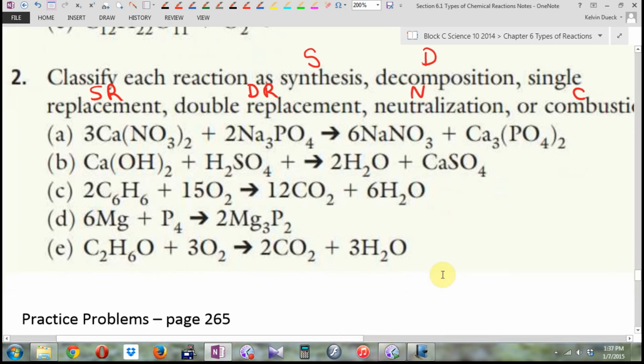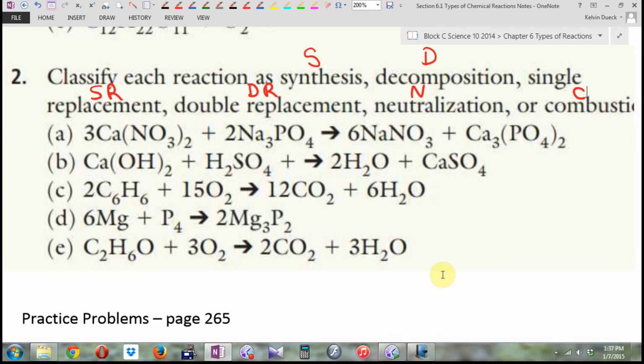That first one. Part of doing these that I find helps is a process of elimination. 2A, that's not combustion. I can tell you that right now because there's no hydrocarbons or oxygen or anything like that. What's that one?